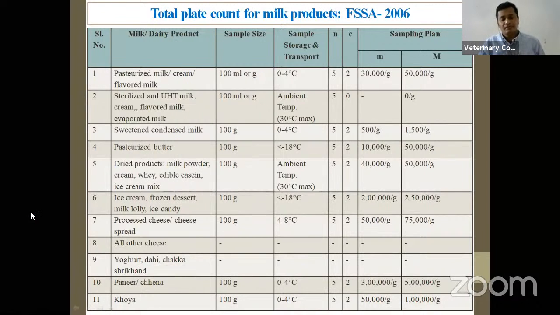Various enforcing agencies look for compliance in the milk and milk products with respect to various quality and safety indicators. In India, we have the Food Safety and Standards Authority, and the Food Safety and Standards Act 2006.